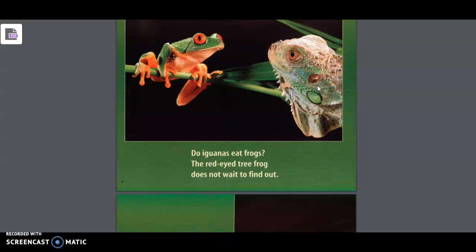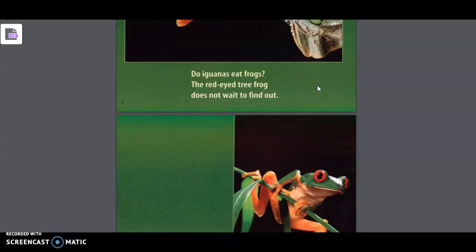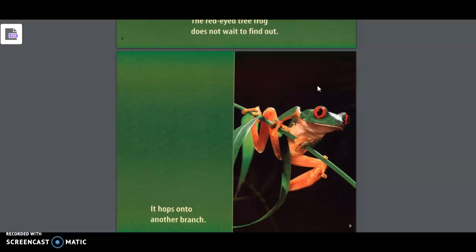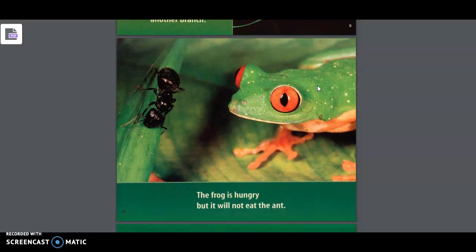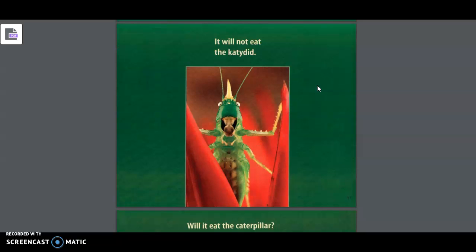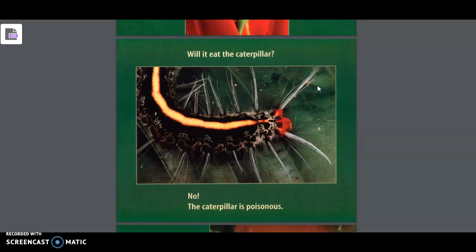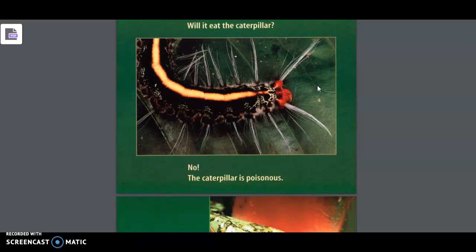The red-eyed tree frog does not wait to find out. It hops onto another branch. The frog is hungry, but it will not eat the ant. It will not eat the katydid. Will it eat the caterpillar? No, this caterpillar is poisonous.